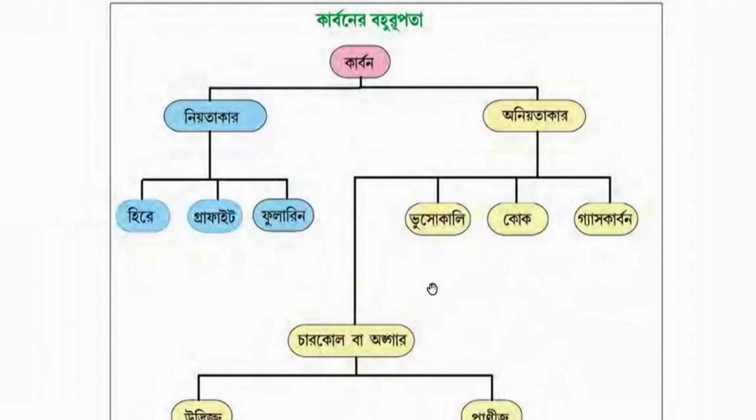Actually in this process we can also remove the rust. In a blacksmith's workshop, when you give them a rusted material, like any scissors or something like that, they put it in the charcoal flame.